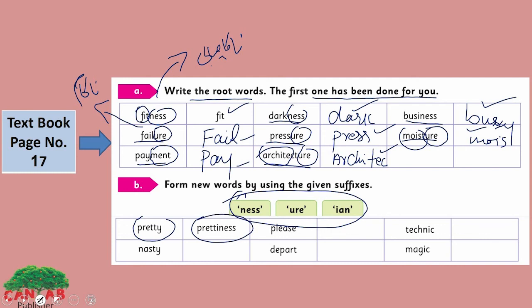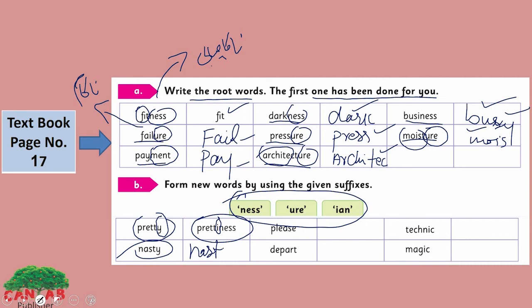As I told you, when we have a root plus suffix word, when we remove the suffix from it, we change I to Y. Yes, like we did with business. When we removed ness from it, it became busy, B-U-S-Y here. So, pretty, prettiness, nasty, yes, nastiness.